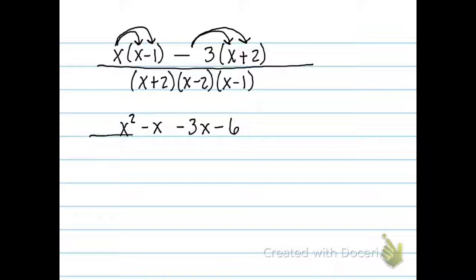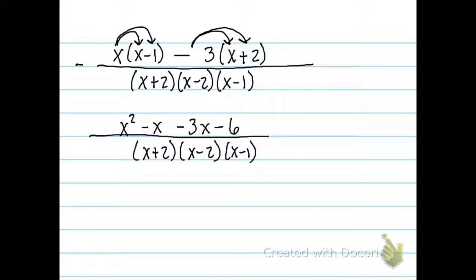And again, that's all over x plus 2 times x minus 2 times x minus 1. So we combine like terms in the numerator. And I should be putting equal signs here. So we're going to have x squared.